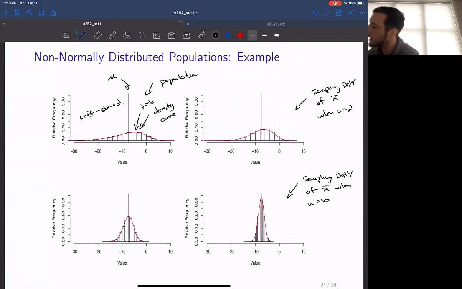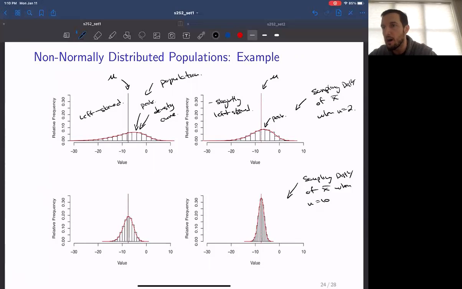Okay, so you can see that you still have mu here. The peak is still over here, but this is now very slightly left skewed. Okay, so the skewness in some sense is disappearing.